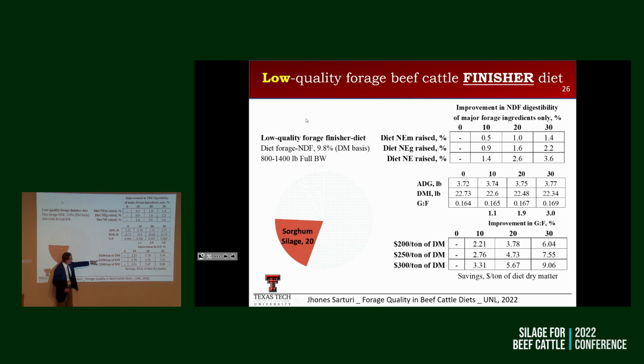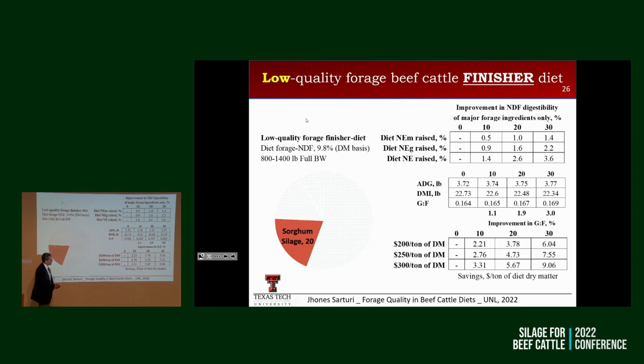I hope you realize now that my finisher diet is more expensive because we have more corn inclusion. It's $300 per ton of dry matter down in the Panhandle. In the Texas Panhandle, it costs a little bit more for us because we have to ship corn down there, but this would be very close to what you guys experience in this portion of the country. $300 per ton of dry matter.